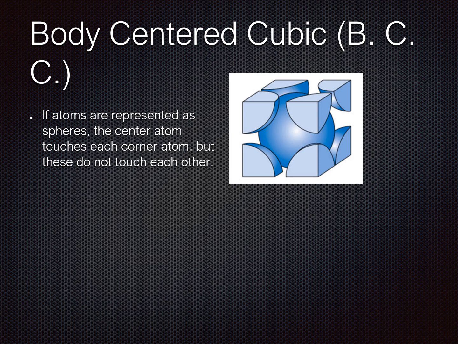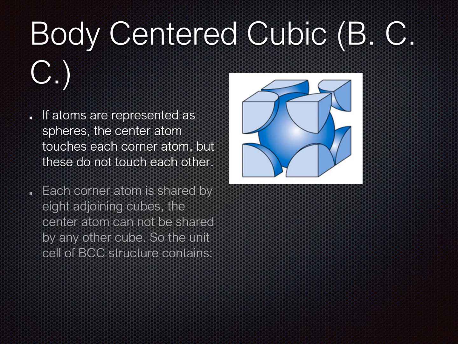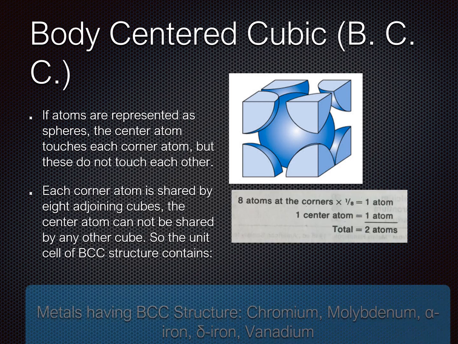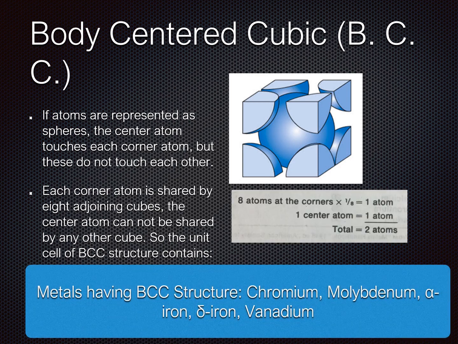Since each corner atom is shared by 8 adjoining cubes and the atom in the center cannot be shared by any other cube, the unit cell of BCC structure contains two atoms. Metals that have BCC structure include chromium, molybdenum, alpha iron, delta iron, vanadium, and so on.